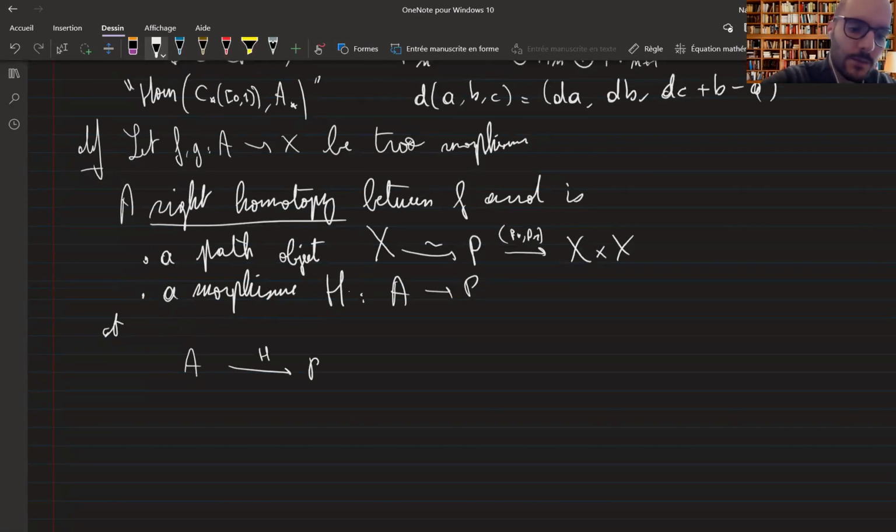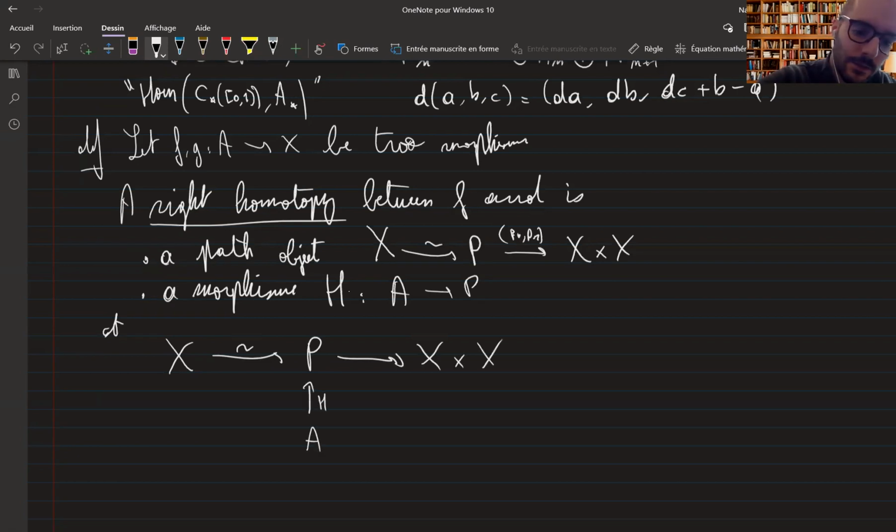So A goes to P. Here you have A, you have your homotopy, and here you have f and g.